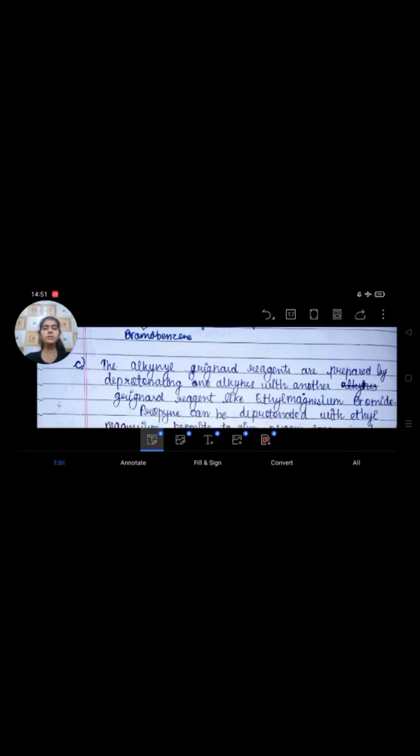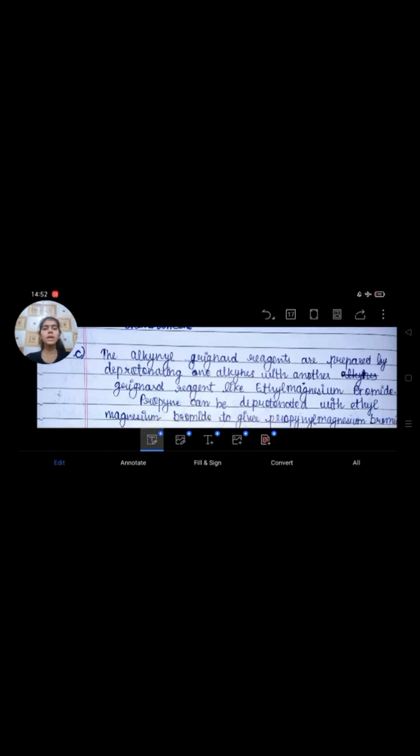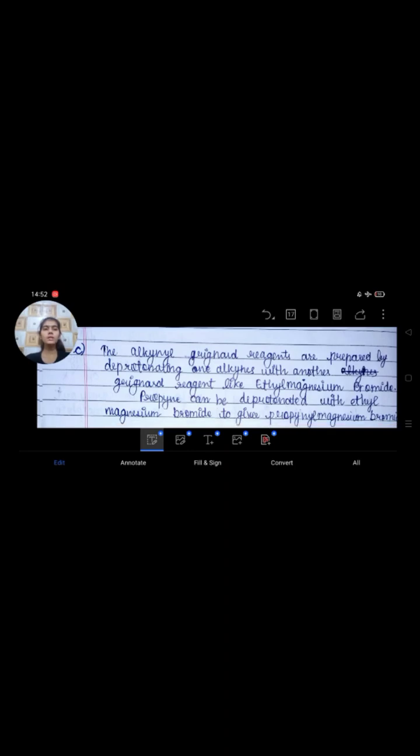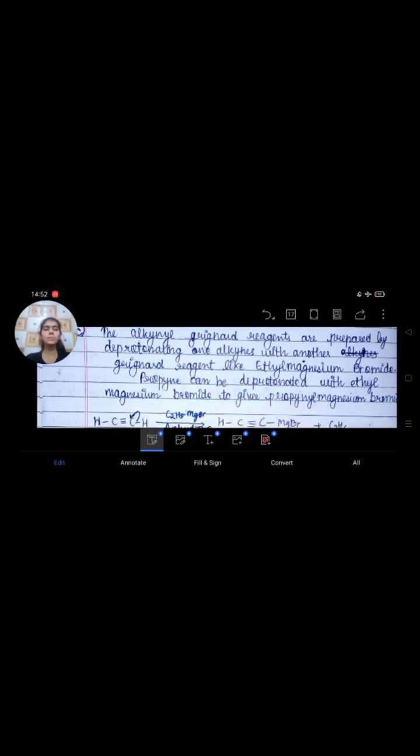And the third type for the preparation of Grignard reagent is the alkynyl Grignard reagents, which are prepared by deprotonating terminal alkynes with another Grignard reagent like ethyl magnesium bromide. Propyne can be deprotonated with ethyl magnesium bromide to give propynyl magnesium bromide. Here we can see the reaction.